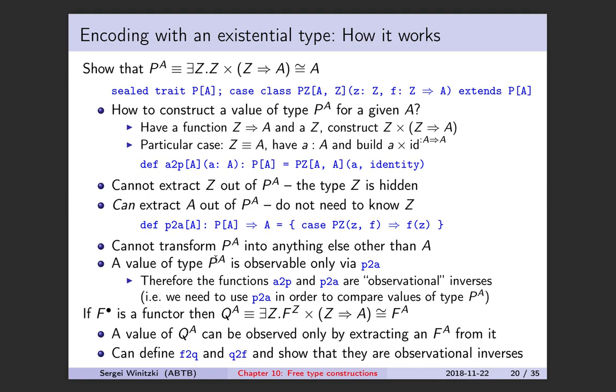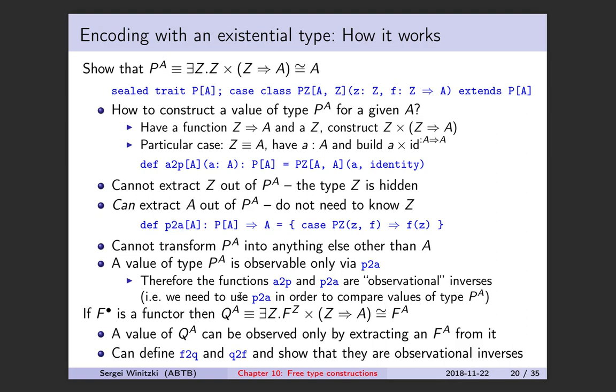So this means this value is observable only via this function. So the only way of doing any computations with this PA is to apply this extracting function and to get an A out of it.